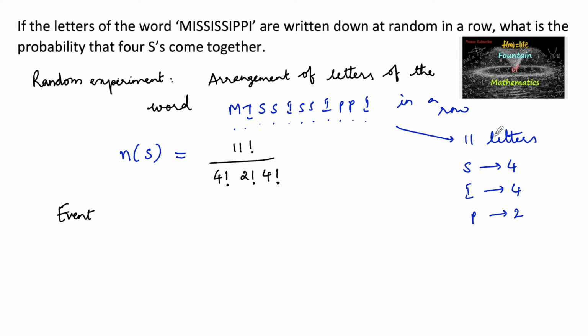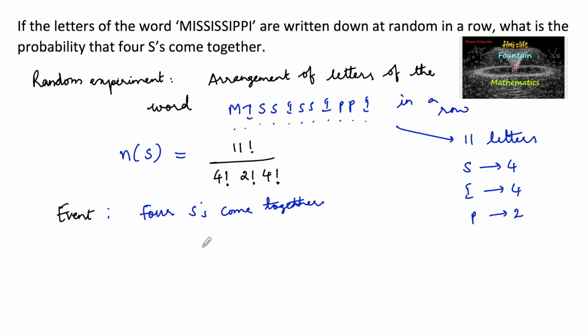So our event in this experiment is 4 S's come together. So we have 4 S's, and those 4 S come together. Among these many arrangements, 4 S's will come together.